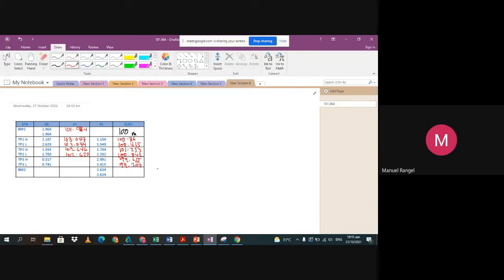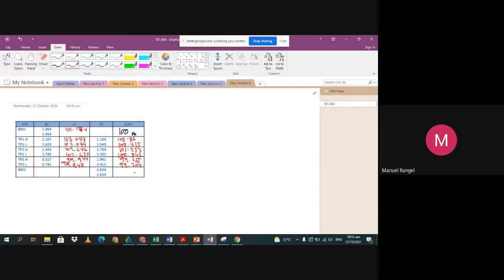Then 99.655 plus 0.317 is 99.972. And 99.207 plus 0.741 is 99.948 meters.